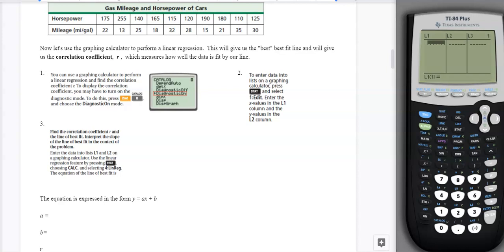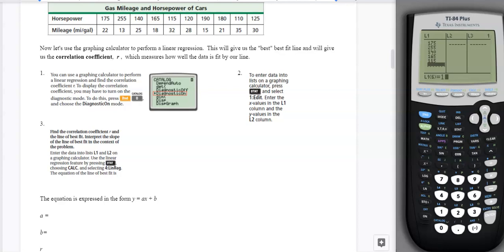Usually I think it's easier if you enter all the X's and then do all the Y's. That way you're not going back and forth. You can just hit enter. So here we go. I'm going to enter 175, enter, and it'll go down. 255, enter, 140, 165, 115.